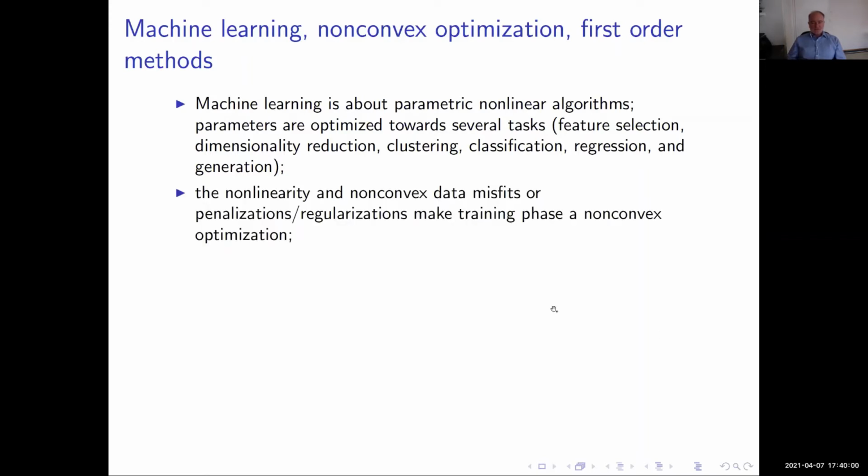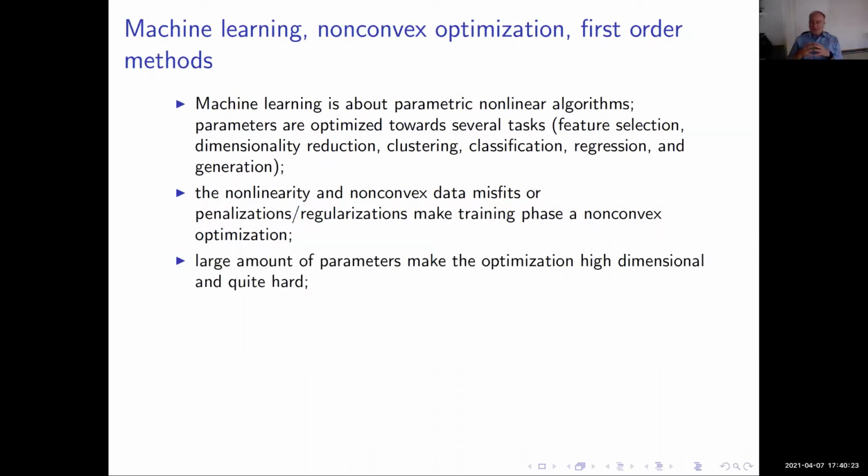The nonlinearity and the non-convexity of the data misfit in these optimizations typically lead to a training phase that is a non-convex optimization. So the objective function to be optimized is non-convex. Moreover, the parameters that are usually used to construct these parametric algorithms are many.